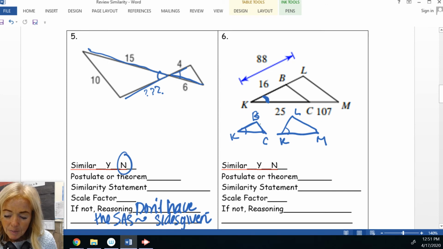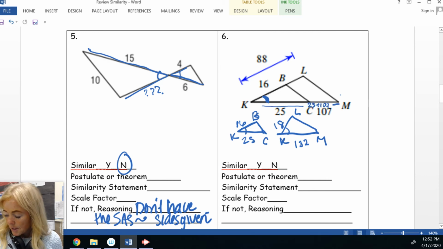On the smaller triangle, we have sides 16 and 25. On the larger triangle, we have sides 18 and 132, because the long side is 25 plus 107. And 25 plus 107 is 132. So those are our side measures, and it helps a lot if you separate.